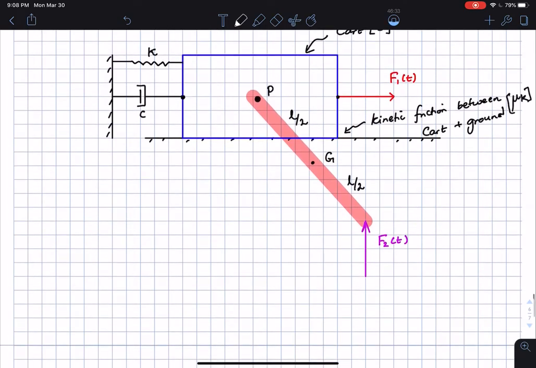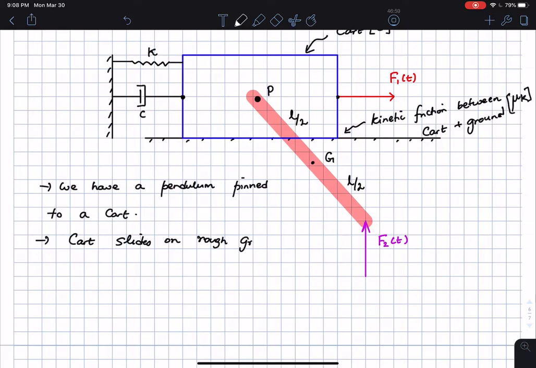Okay, so in this problem we have a cart, we have a pendulum pinned to the cart. Okay, and then the cart slides on the ground, on a rough ground, with kinetic friction coefficient mu k.